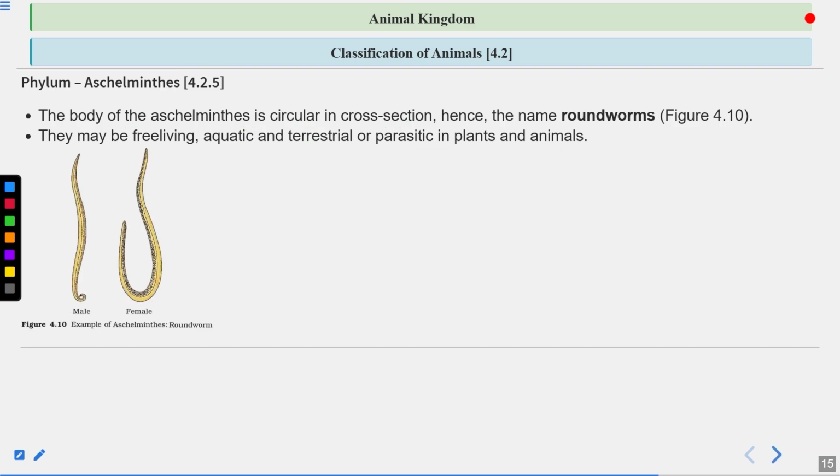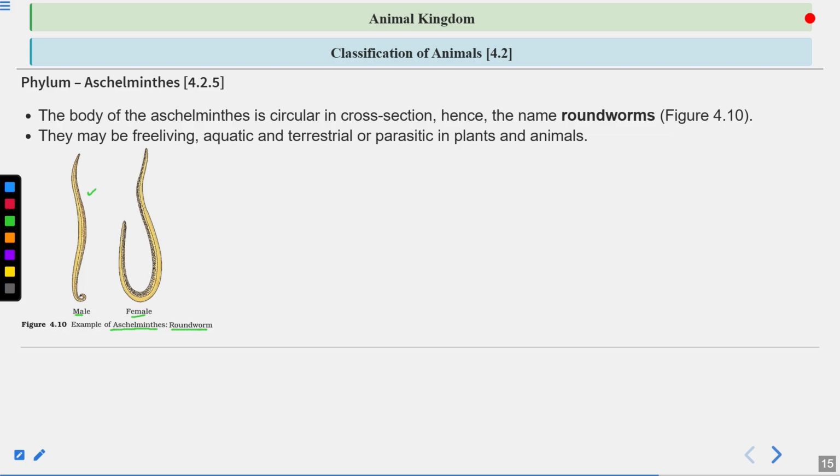So here we see the example of Aschelminthes, the roundworm, male and female. Sexual dimorphism can be seen here. Sexual dimorphism means that by seeing the organism, you can tell which is male and which is female. Because male and female are not of the same length.